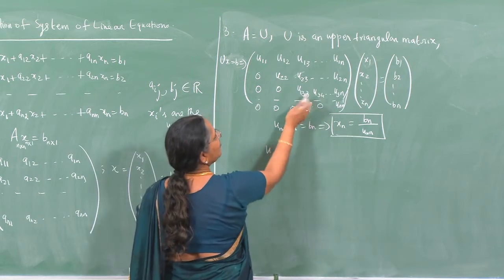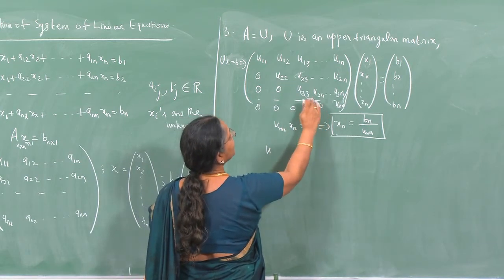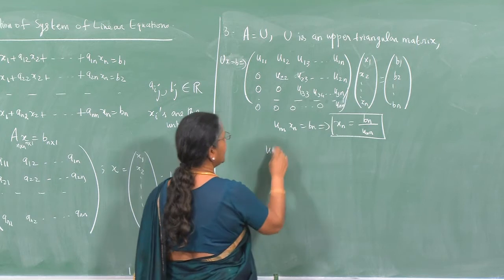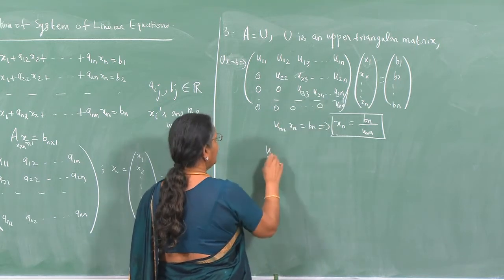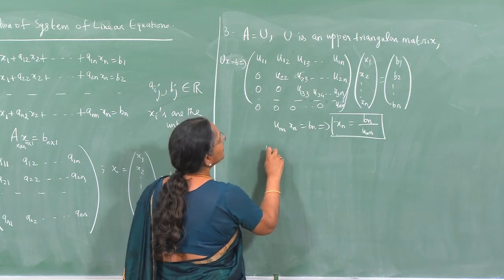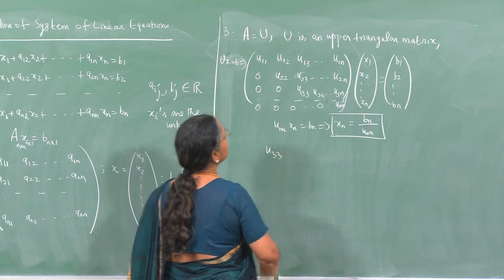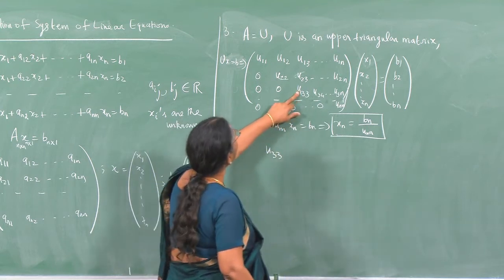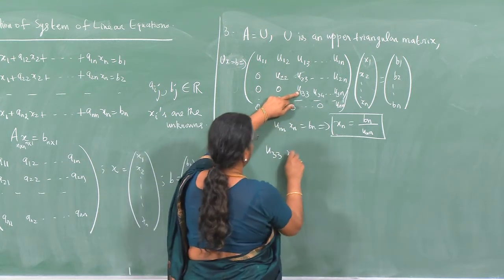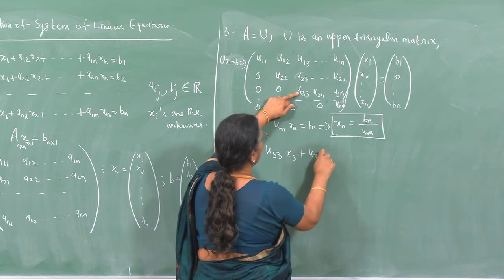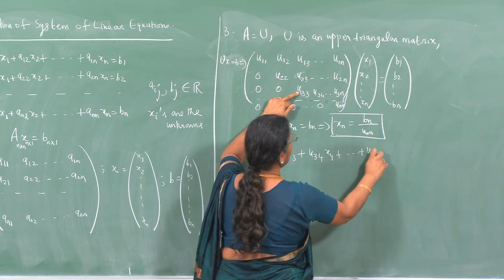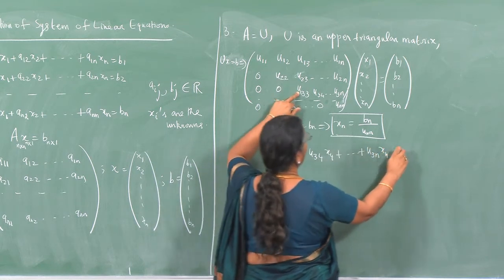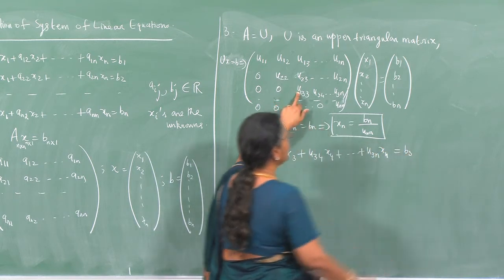So, let us see what happens in the case when we go to the third equation. So, typically a third equation will give you u33 multiplied by x3 plus u34 x4 plus etc. plus u3n xn, and that will be B3.